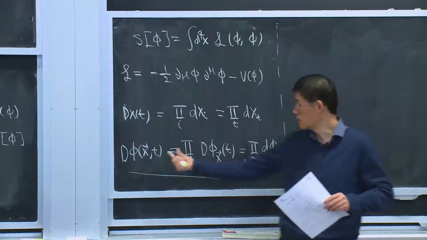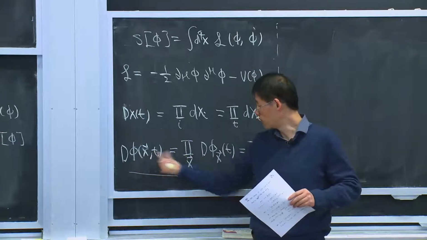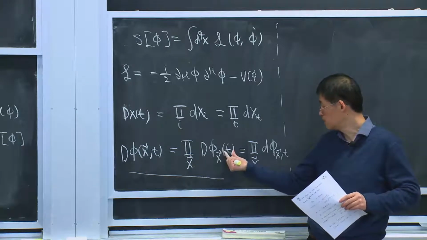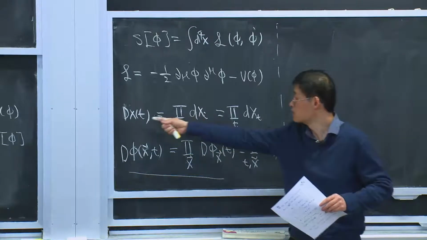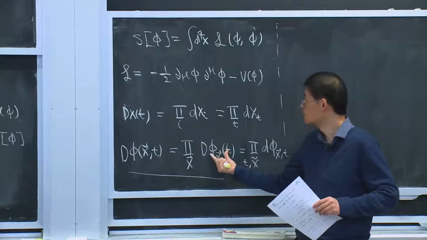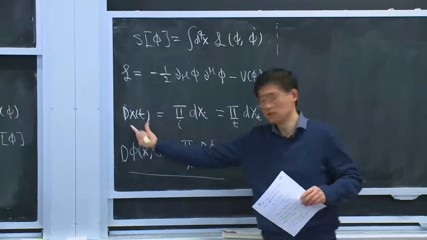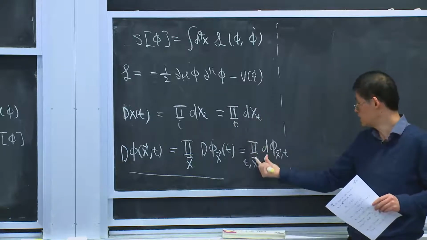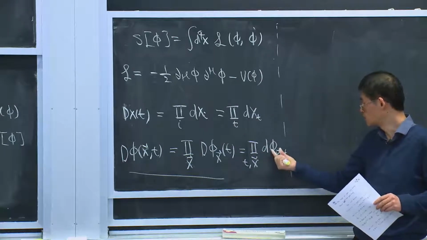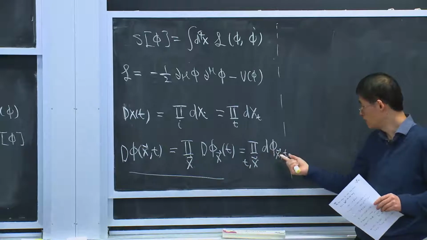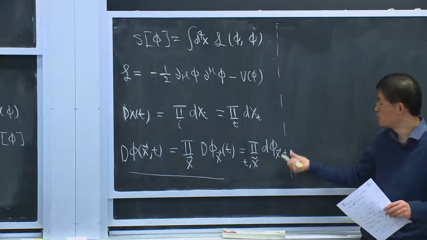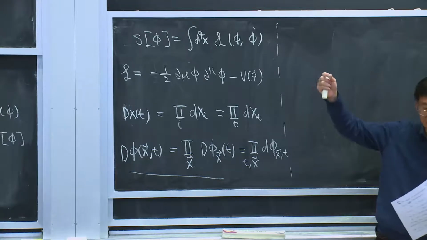Here we have all different possible values of x variables, and each variable is a function of t. And then you have the product over all possible values of t, and you integrate over all possible values of phi at point x and t. But remember, t is always between t prime and t.